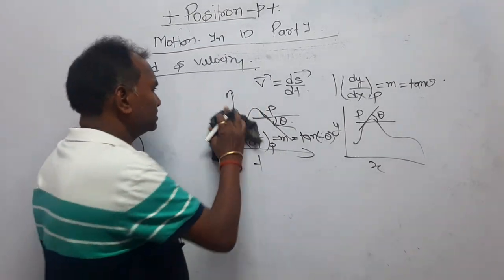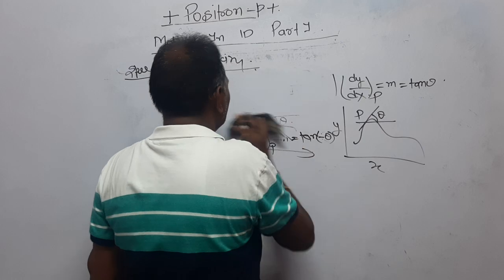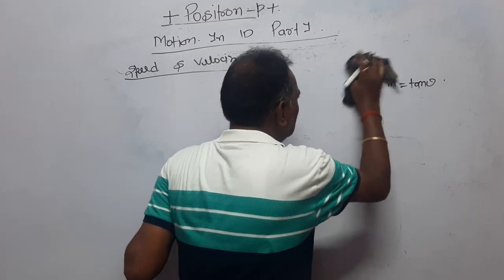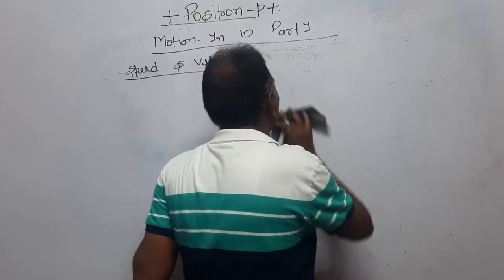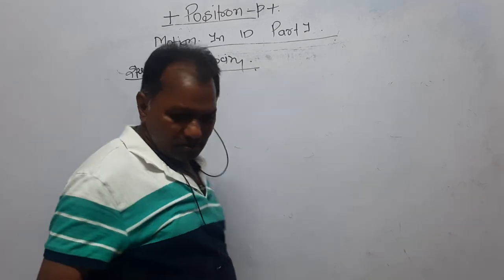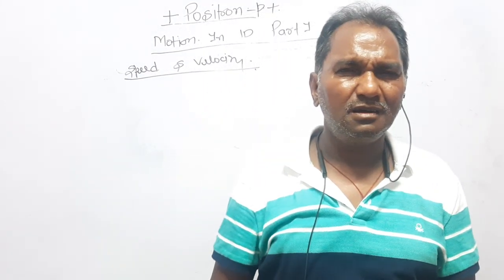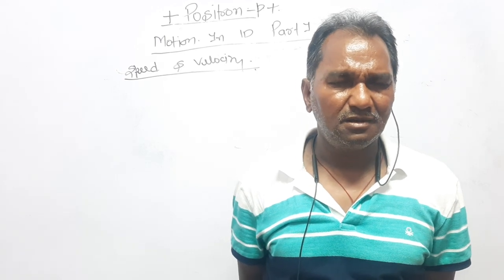Now dear students, as discussed in the last case when we were talking about displacement and distance, I was discussing how you can make a graph when the body is at rest.